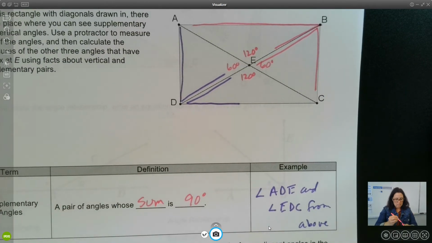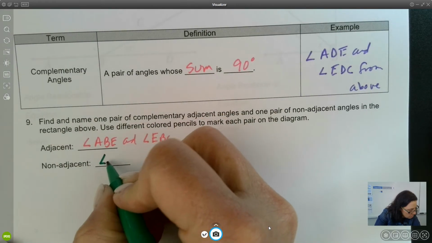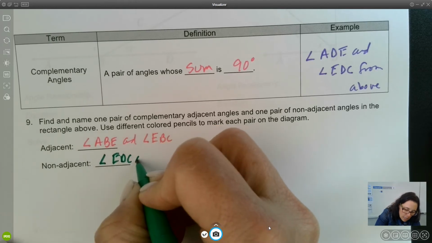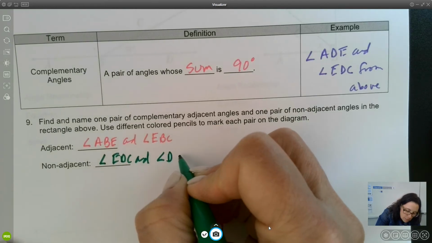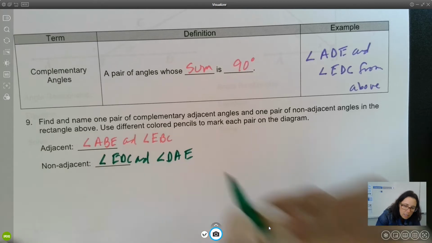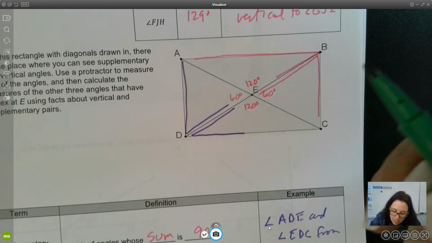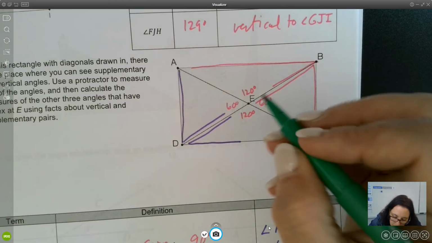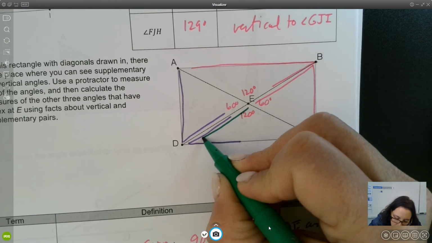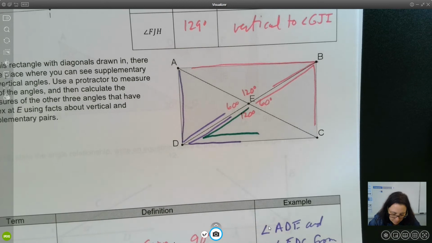Let me get a green pen going for the non-adjacent: angle EDC and angle DAE. Let me show you where those are. EDC is this guy right here.